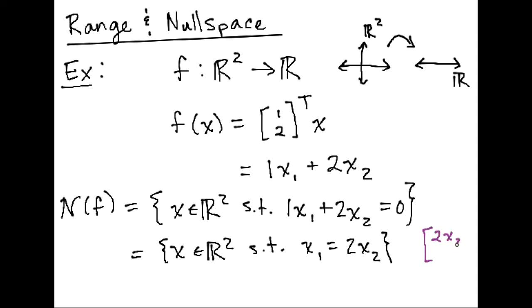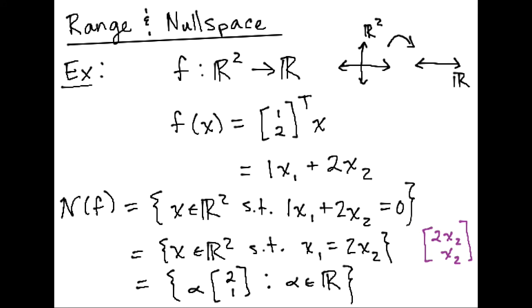As long as x1 is equal to -2x2, we can choose any x2 we want and still be in the null space. This gives us a lot of freedom. So the null space of f is going to be alpha times the vector -2, 1, where alpha is any scalar we want. Here we have a non-trivial null space. In fact, this null space has infinitely many elements.